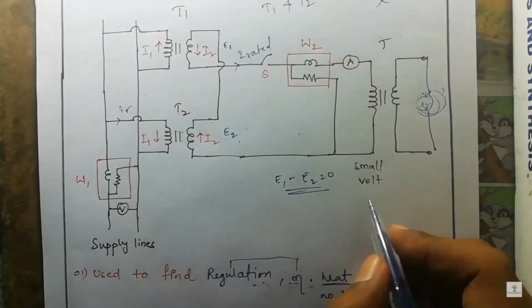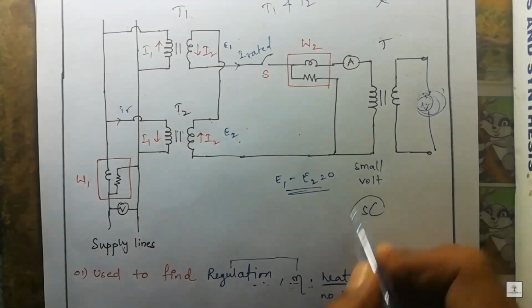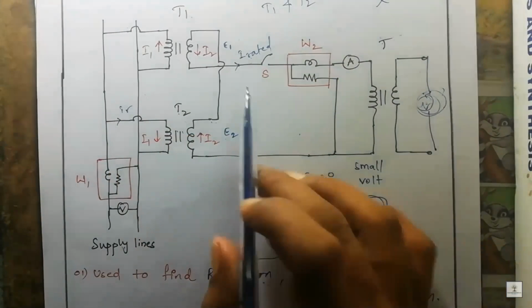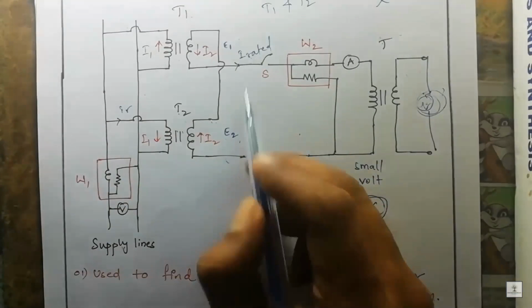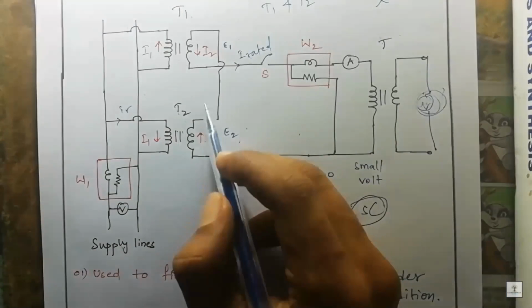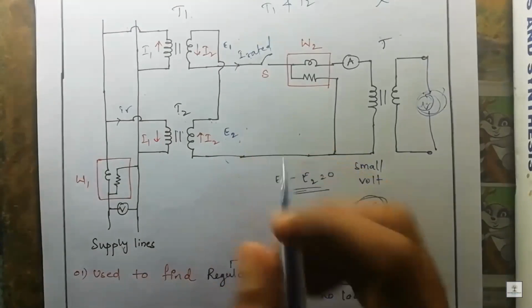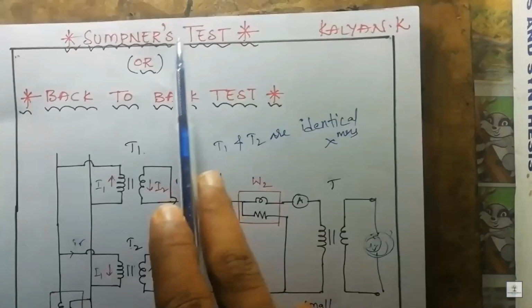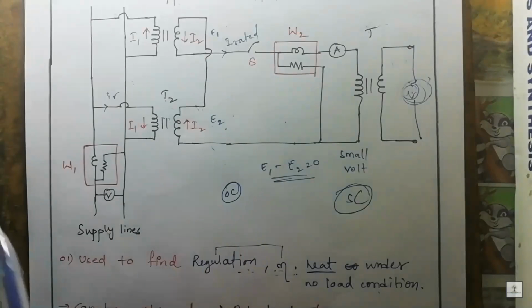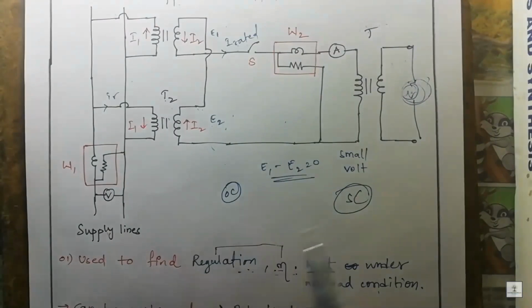Here, if you observe, the SC test is performed because rated current is flowing through the windings. In the earlier case, in the secondaries there is no voltage, so no current, so the OC test is being performed. So if you observe, in Sumpner's test we are performing both OC test and SC test simultaneously.